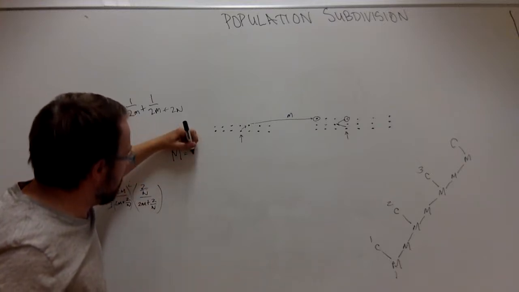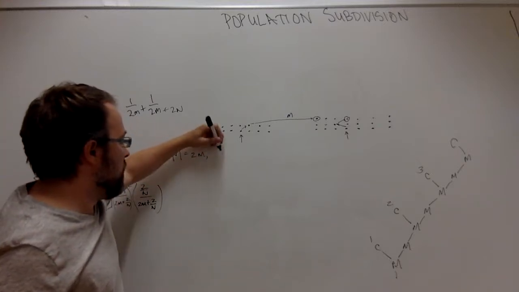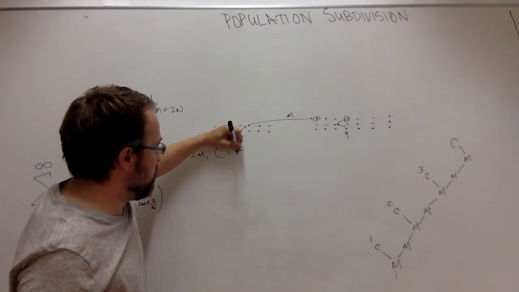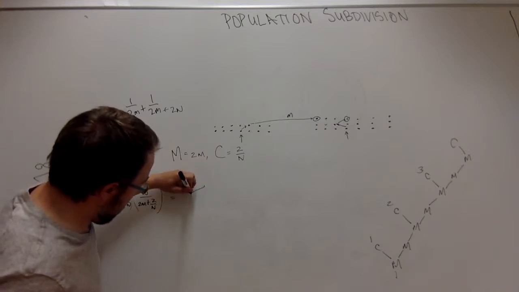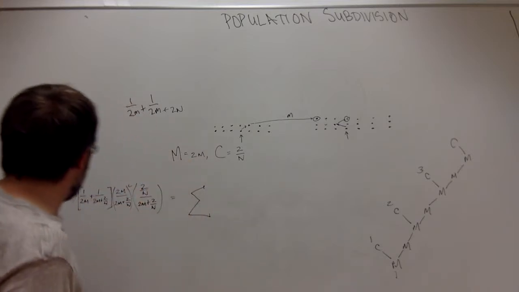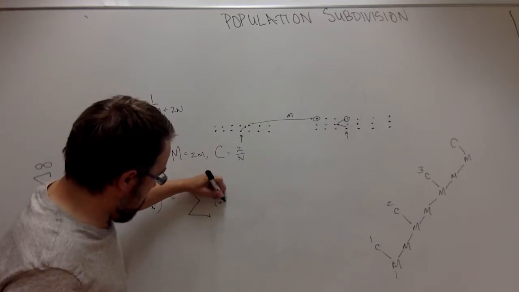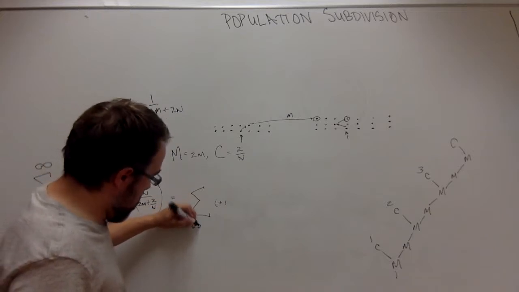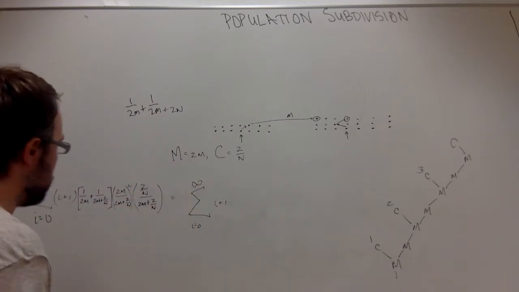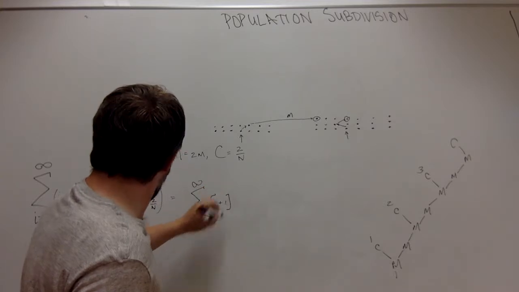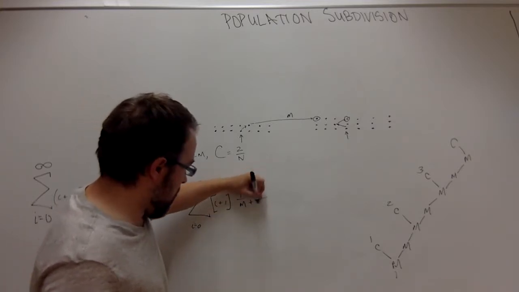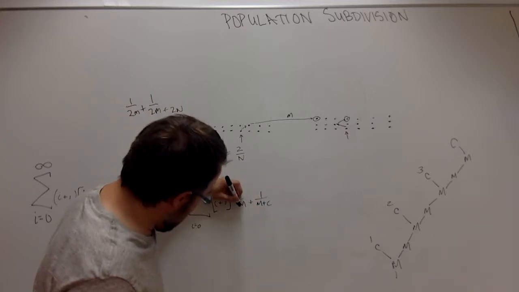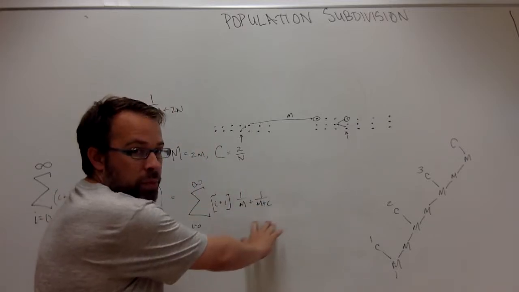If we use big M is equal to 2m, and we use big C is equal to 2 over n, then we can rewrite this whole thing as i plus 1, 1 over M plus C. So these are all going to be big letters.